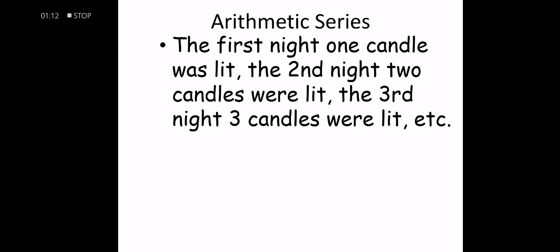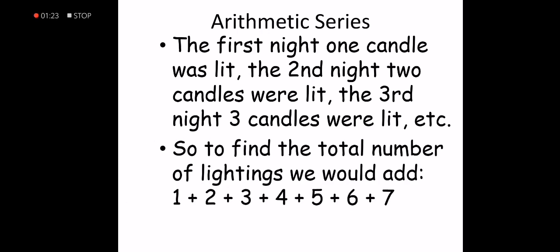The first night, 1 candle was lit. The second night, 2 candles were lit. The third night, 3 candles were lit, and so on until we reach 7. To find the total number of lightings, we would add. Yung unang night, isang candle; sa pangalawang night, 2 candles; sa pangatlong night, 3 candles, hanggang sa ikapitong gabi.